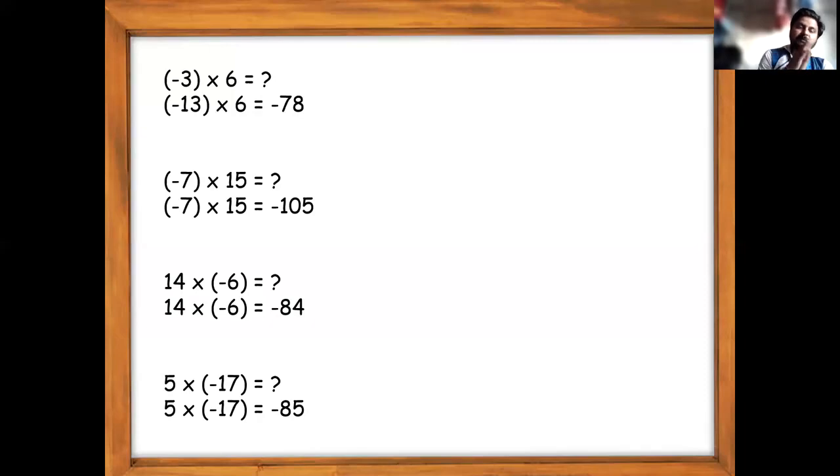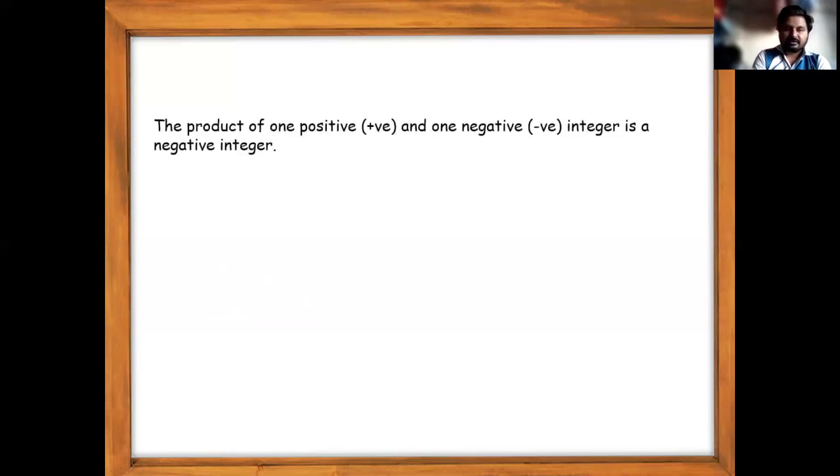Or whenever you multiply a negative integer with a positive integer, the final answer you get is a negative integer. So that's the inference from these questions. The product of one positive and one negative integer is a negative integer.